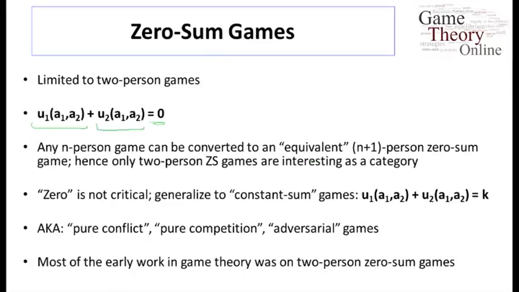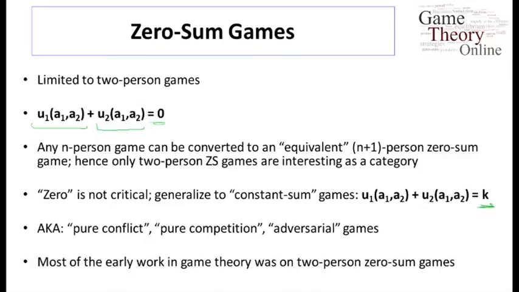Everything you can say about zero-sum games, you can say about constant-sum games. So it's not important that they sum to 0. They could sum to some number k, for instance, as long as whatever benefits one player, if they get a payoff above k, then the other person has to be pushed down below k. These are also known as games of pure conflict, pure competition.